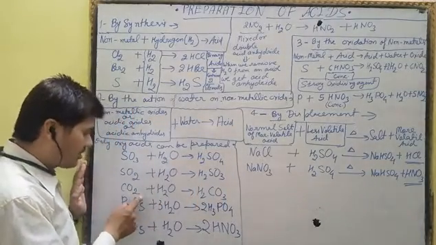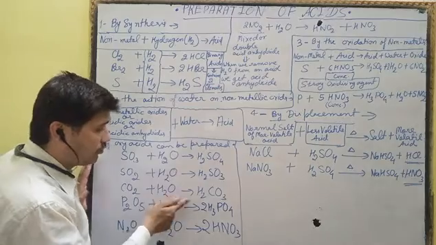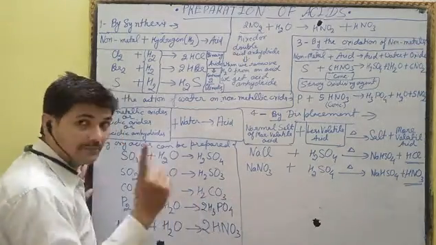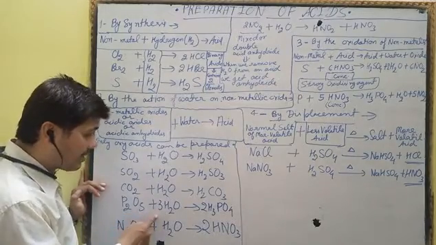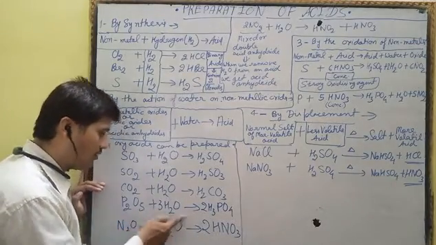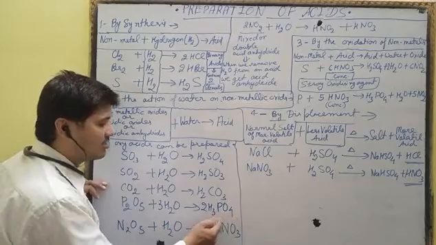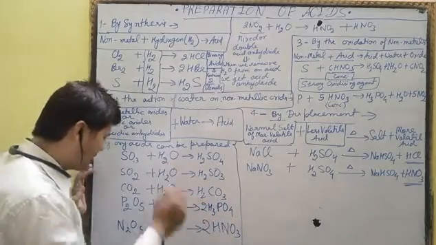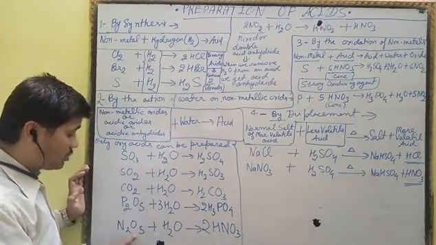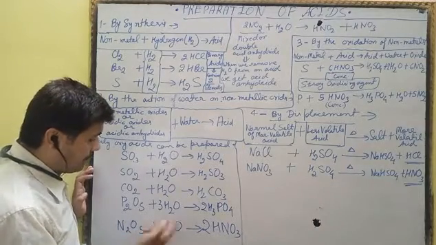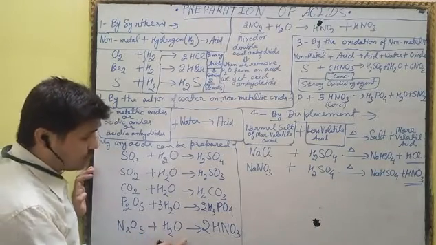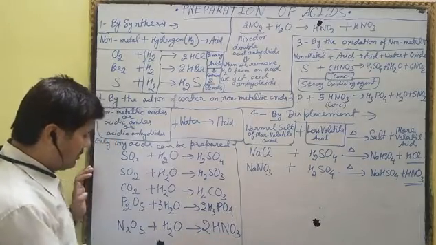CO2, carbon dioxide, reacts with water to form H2CO3, carbonic acid. P2O5, phosphorus pentoxide, combines with 3 molecules of water to form 2H3PO4, phosphoric acid. N2O5, dinitrogen pentoxide, reacts with water to form HNO3.